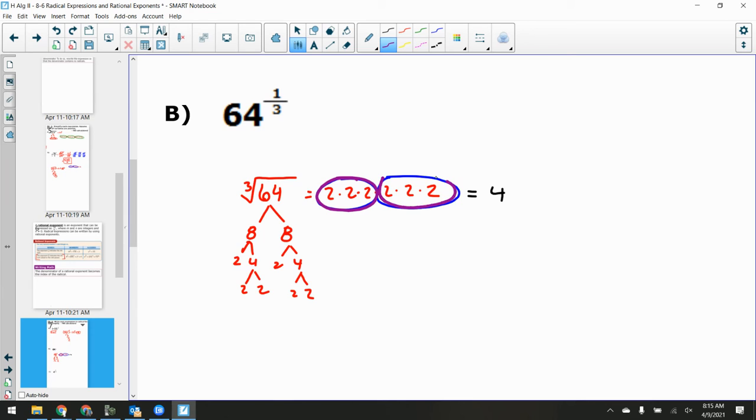So I have 2 of them. What happens there is I take this 2 and this 2. Because taking the cube root is really like taking the cube root of 2 to the 3rd, and this is really like taking the cube root of 2 to the 3rd. Don't those cancel? So I'm going to end up with 2 2s, which is 4.